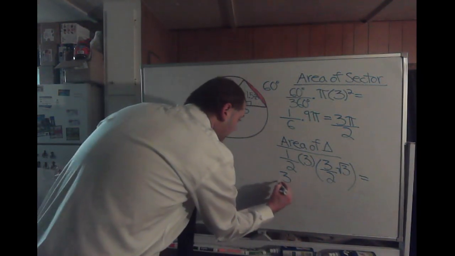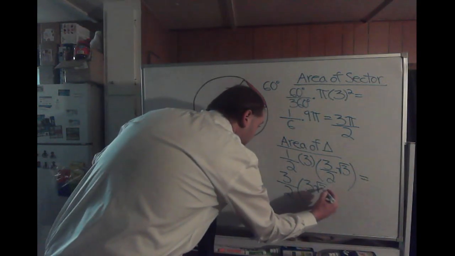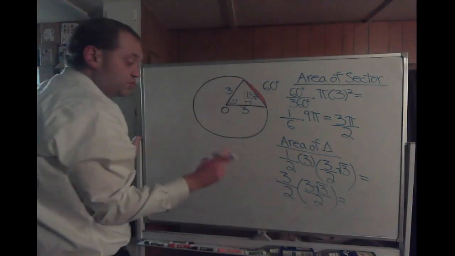So if we simplify this more, you would end up getting 3/2 times 3 times the square root of 3 over 2, which means the area of the triangle would be 9 times the square root of 3 all over 4.